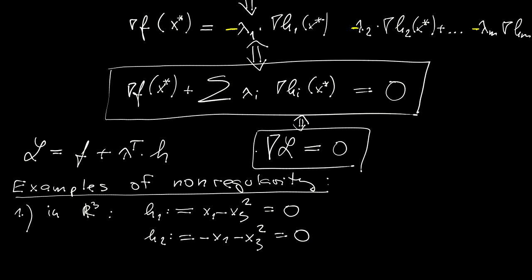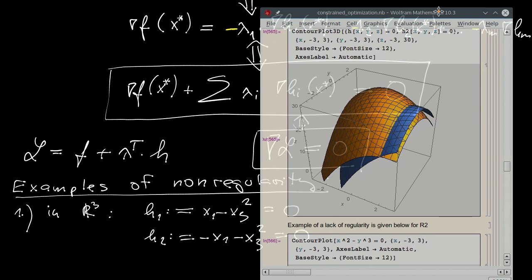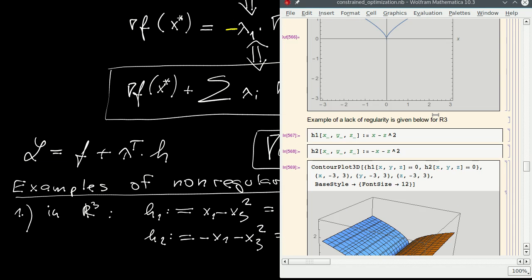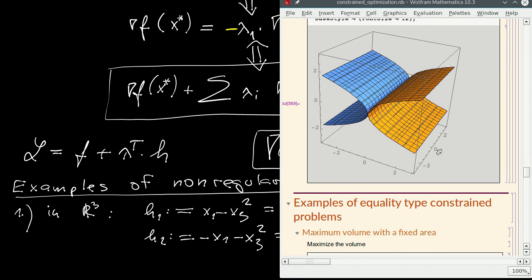Now let's have a look at how the two surfaces look. The blue surface corresponds to one constraint, the orange one corresponds to the other constraint. Clearly, they have a non-zero intersection, similarly as before. In this case, it's the x2 axis. So the set of feasible solutions lies along the x2 axis.